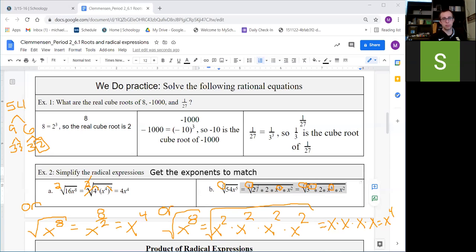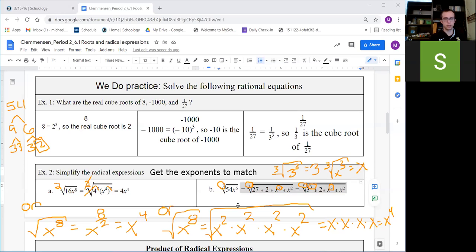Get as many things to match whatever index I have out front. So since they match, I can cancel those out. So the cube root of 3 cubed is just equal to 3. And the cube root of x cubed is equal to x.